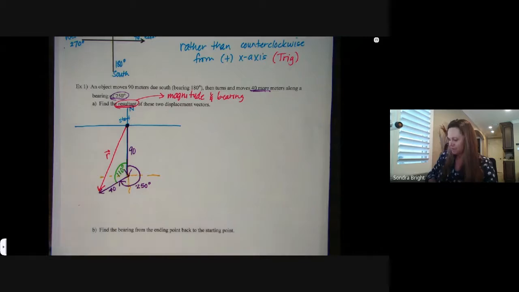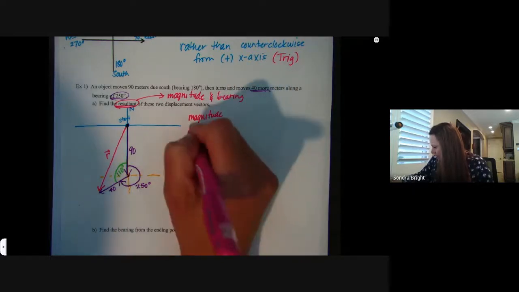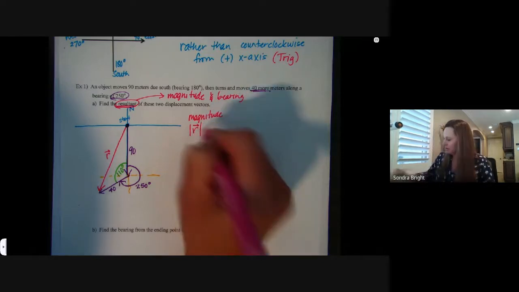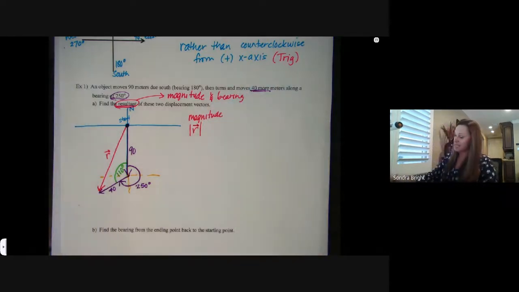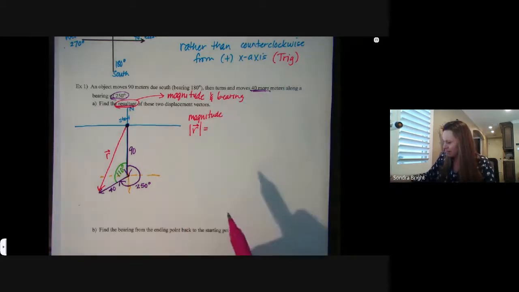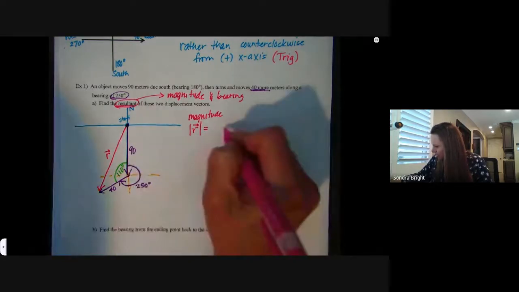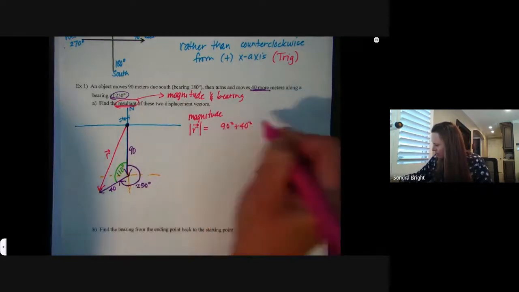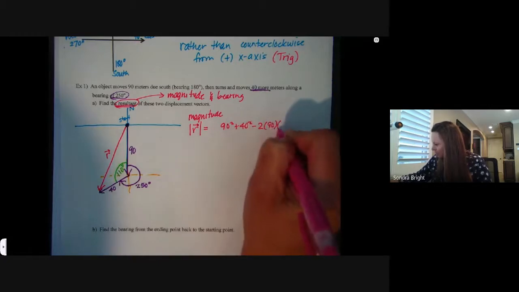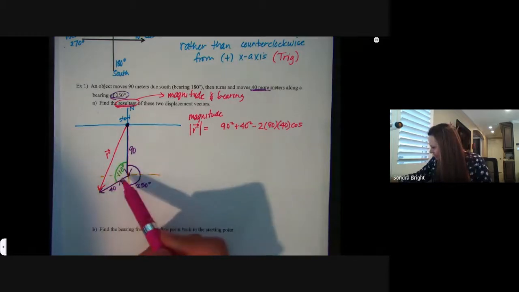Since if you had gone all the way around, it would bring you to 360, but we just want right there. All right, so that means the magnitude is going to be the absolute value of this vector R, right? And it's a SAS one, so we can use the law of cosines, which means R squared equals 90 squared plus 40 squared minus 2 times 90 times 40 times the cosine of the angle opposite R, which is 110 degrees.